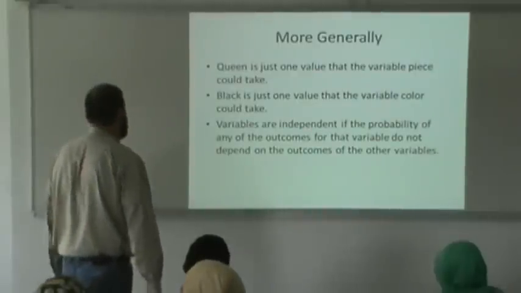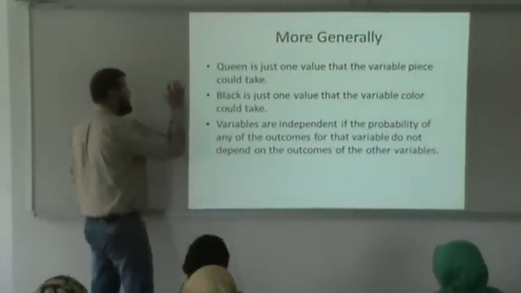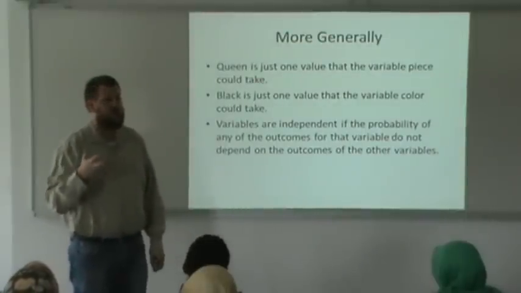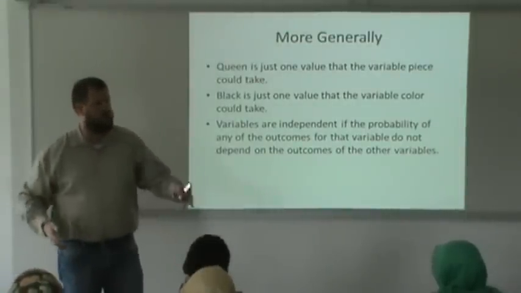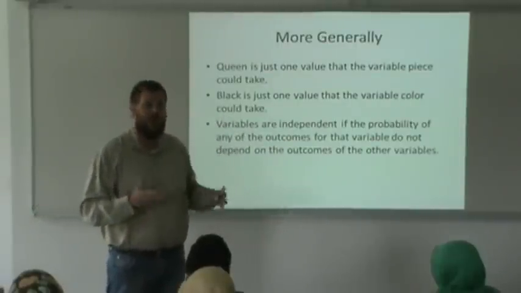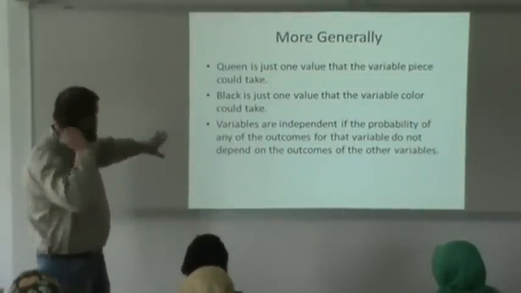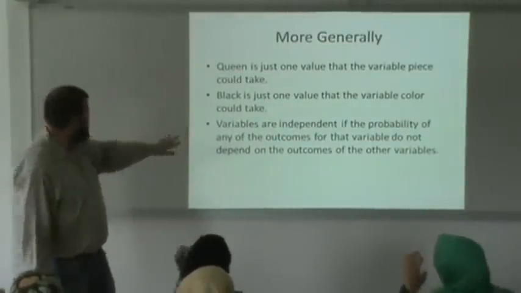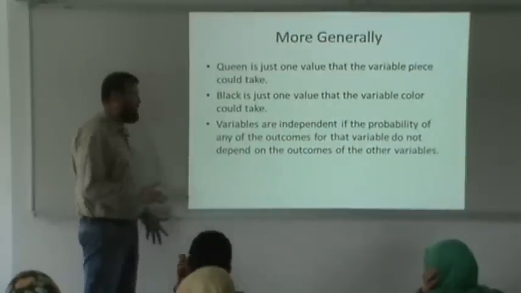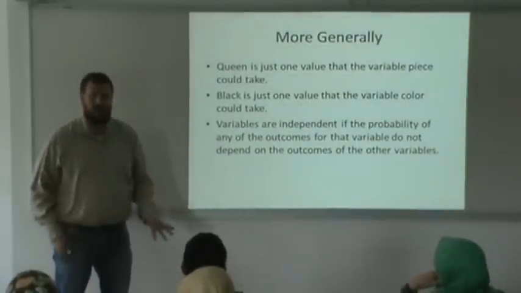Now, with chess, queen is just one of the values that the piece could take, right? You'd have queen, king, rook, pawn, etc. Black is just one value that the variable color could take. We can say that the variables are independent if the probability of any of the outcomes for that variable doesn't depend on the outcomes of the other variables.